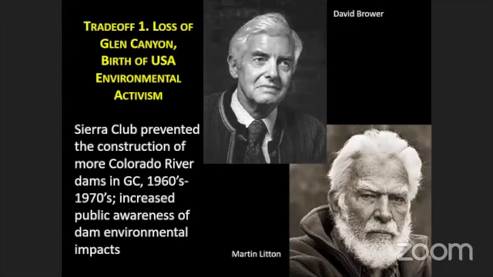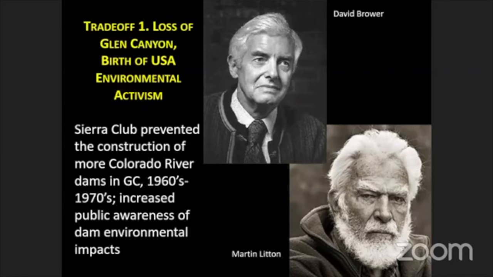So let's go through these trade-offs one at a time. The loss of Glen Canyon, again, was a tremendous loss to our natural heritage in the Southwest. And oddly, it was the birth of environmental activism in the United States.